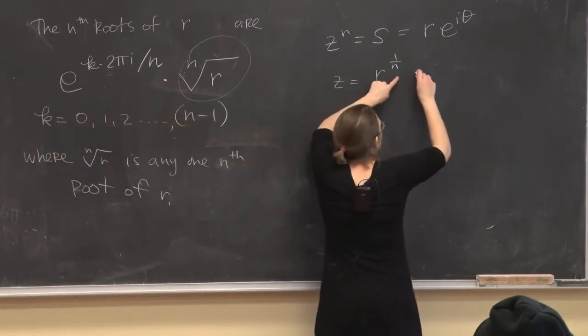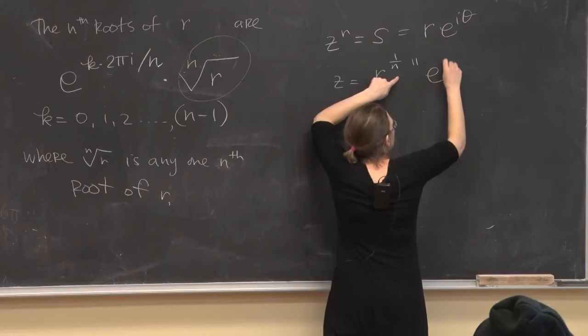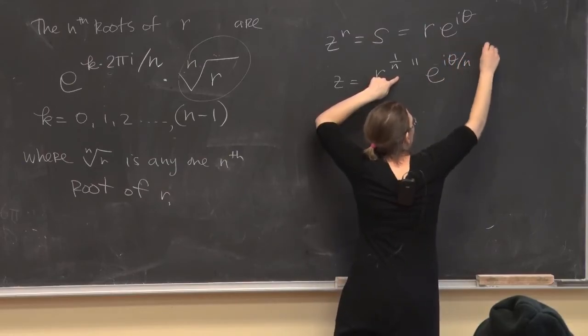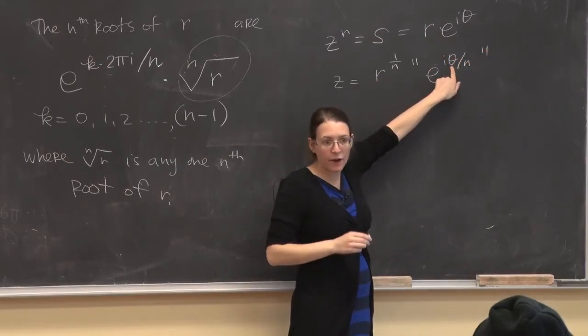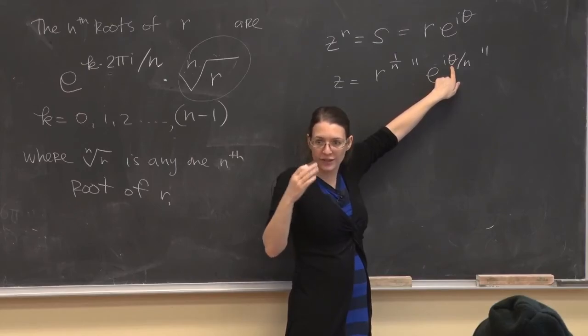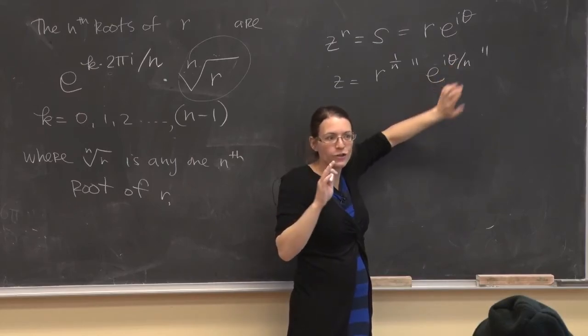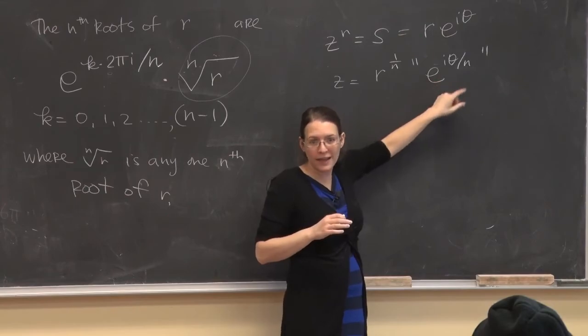And then I'm going to put in parentheses e to the i theta over n. But here I'm going to be careful to write this in all the different ways, all the different roots of 1 that I could get.